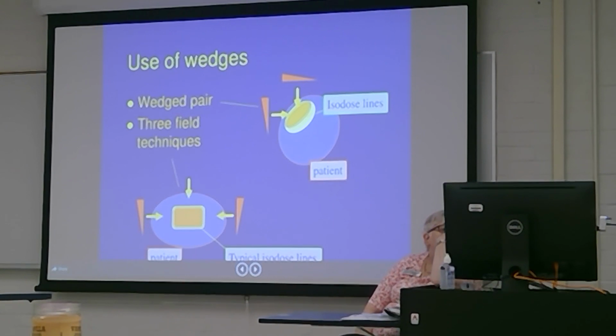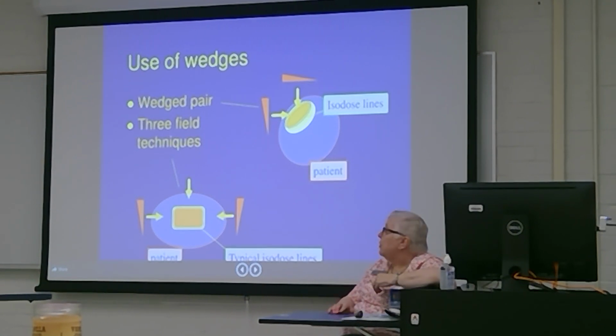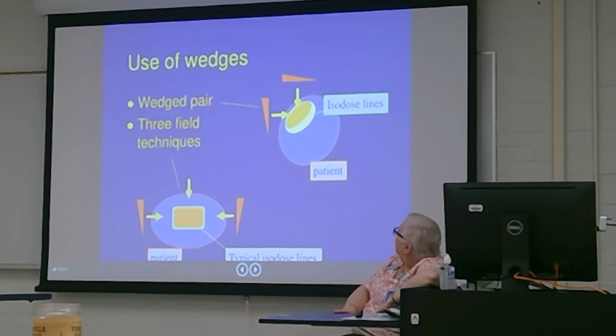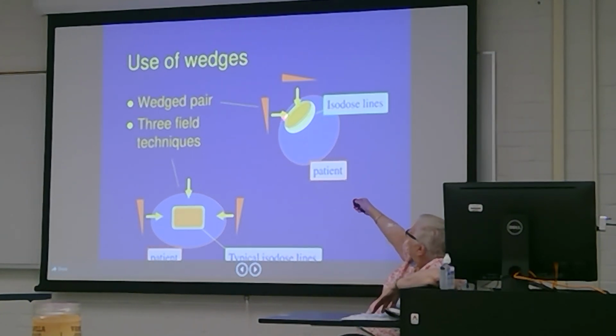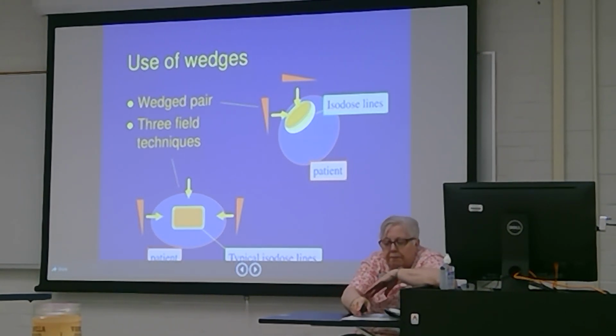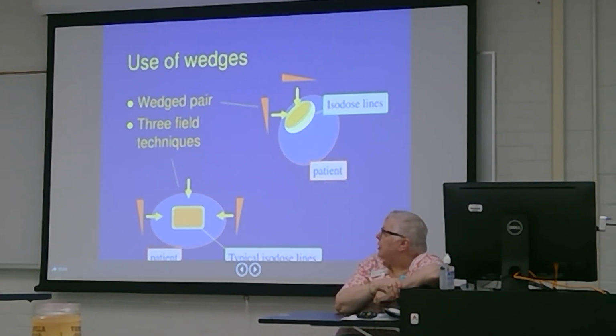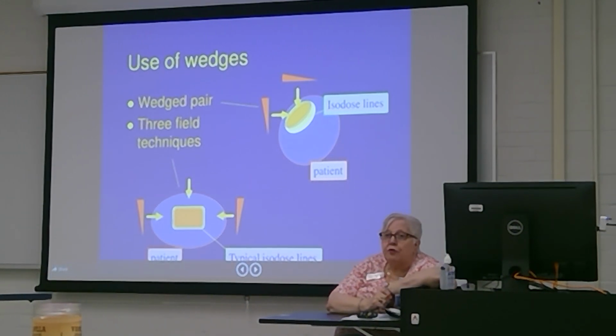Wedges. Wedge pair and a 3-field. You notice that the wedge pair, we'll call it an AP and a lateral. What type of treatment might we use this type of treatment for? What type of tumor might we use this for?